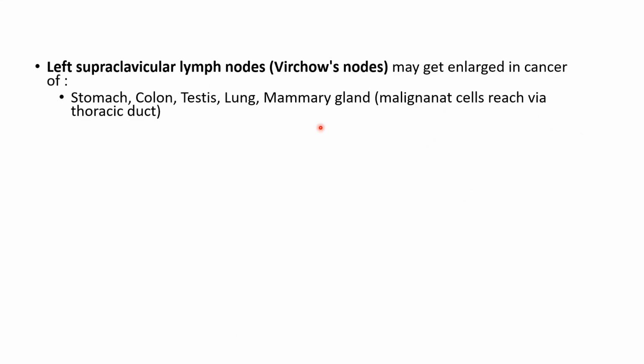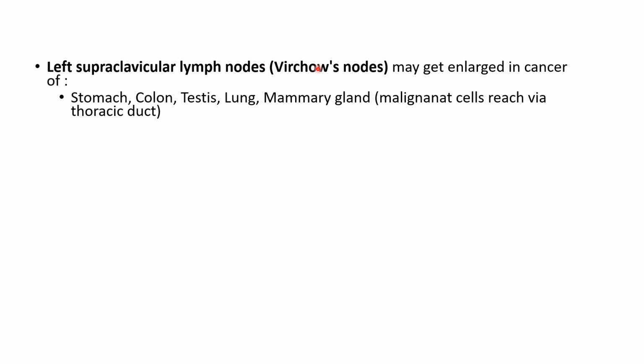You must remember, as I said earlier, the left supraclavicular lymph nodes near the base of the posterior triangle, which are known as Virchow's nodes, are very important because they may get enlarged in cancer of abdominal organs, lung or mammary gland, right? In case of cancer from stomach, colon, testes, lung, mammary gland, these lymph nodes may get enlarged.